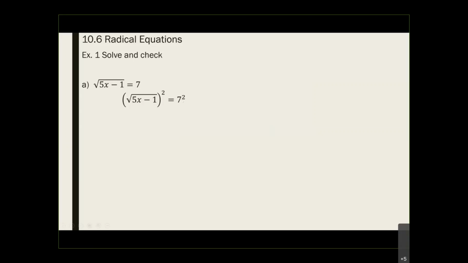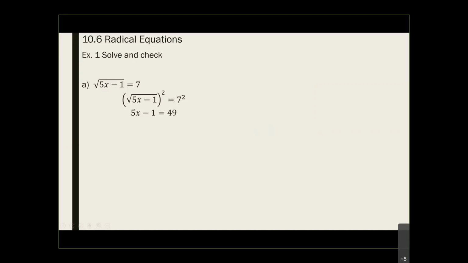Like I mentioned, a square and a square root disappear, because the radical times the same radical is just the item on the inside coming out. And 7 squared, which is 7 times 7, gives you 49.